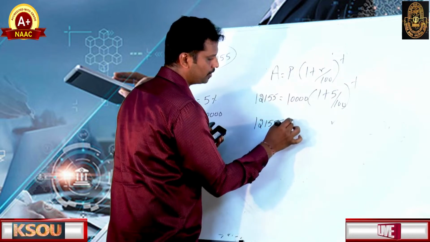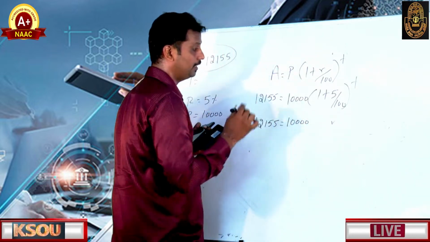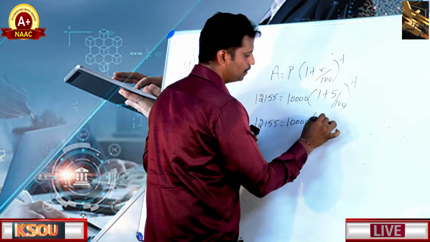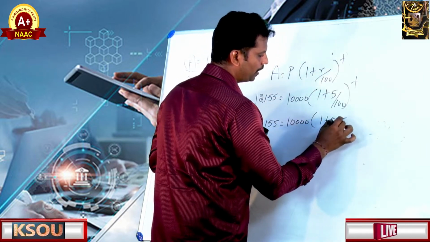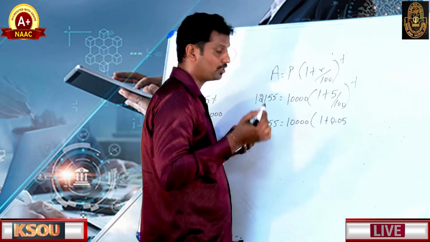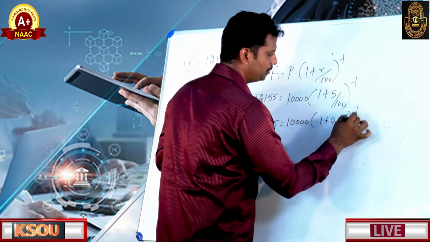12,155 equals 10,000 into 1 plus 0.05. I skipped one step because I already know how to calculate. Into, what is the power?